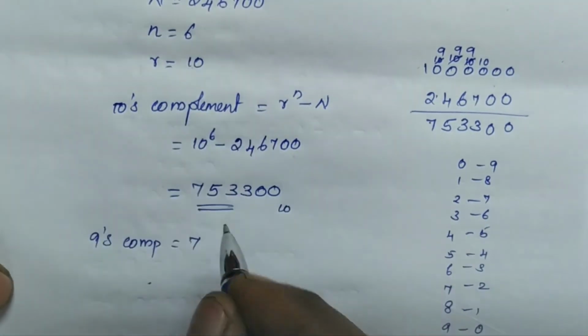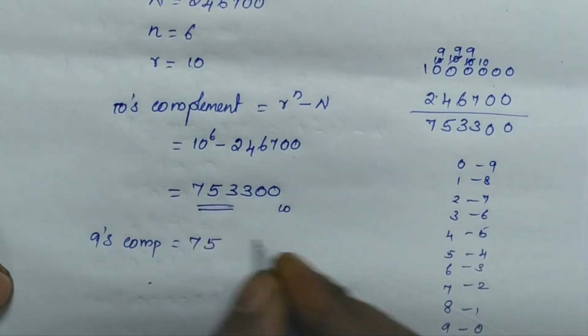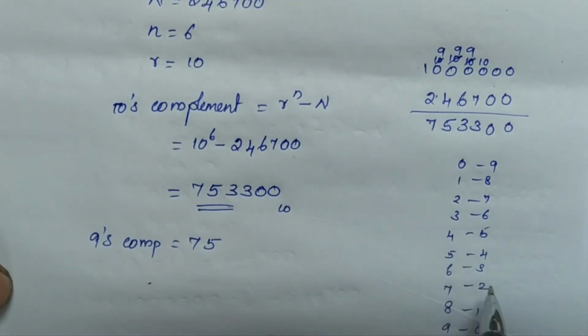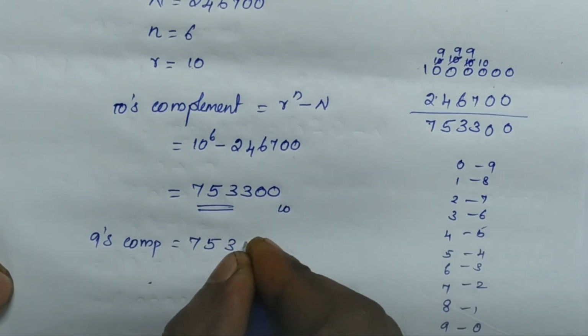Second digit is 4, 4 gives 5. Then for 6 it's 3. Then for 7 it's 2.